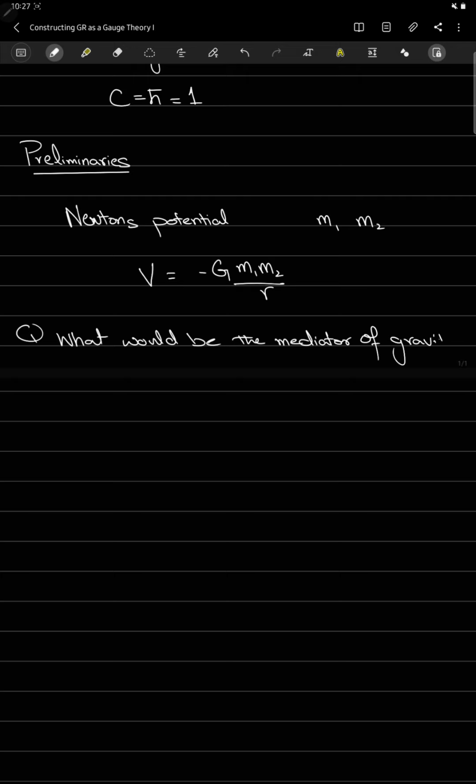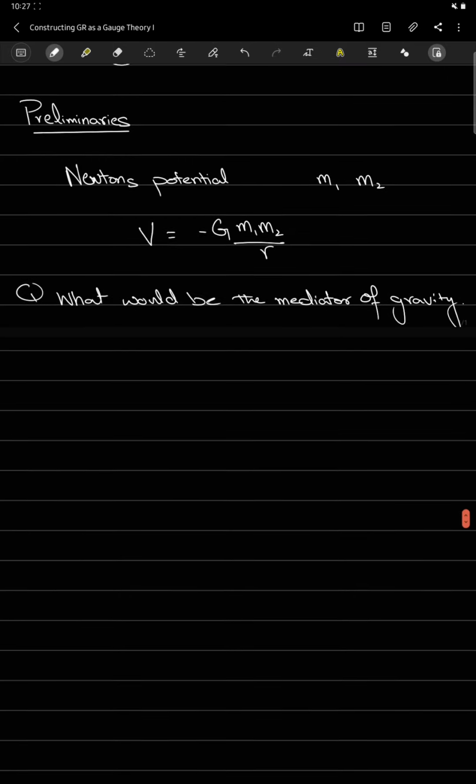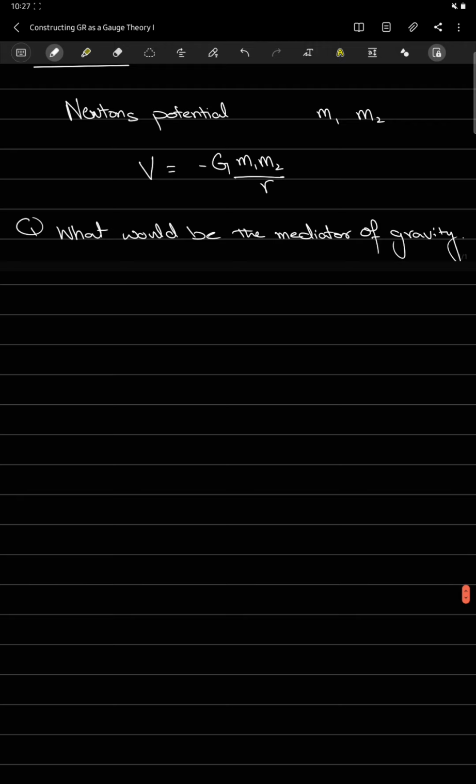Like we know for the electromagnetic field, it's the photon. Well, with a little inspection, it reveals that the mediator should be a particle with spin 0 or spin 2, but not spin 1. We don't even have that choice.